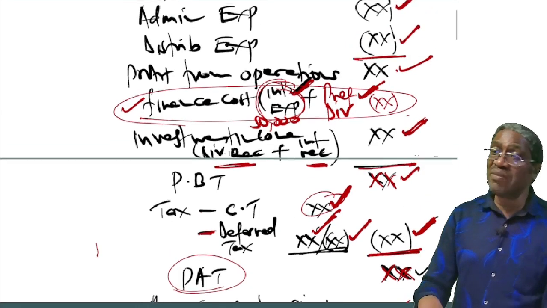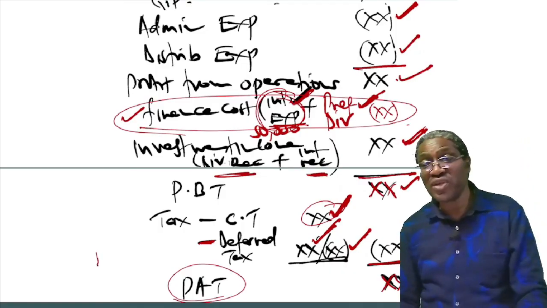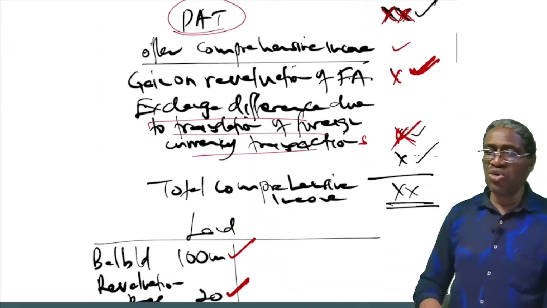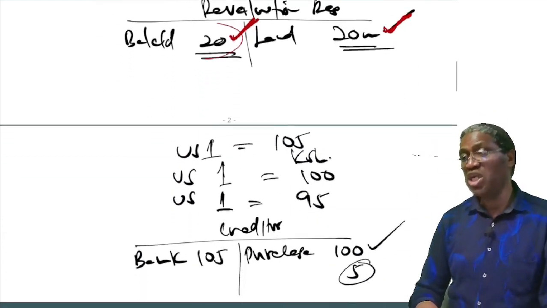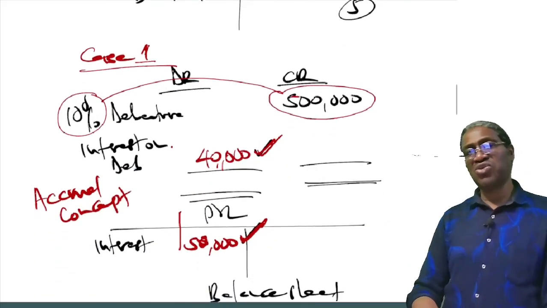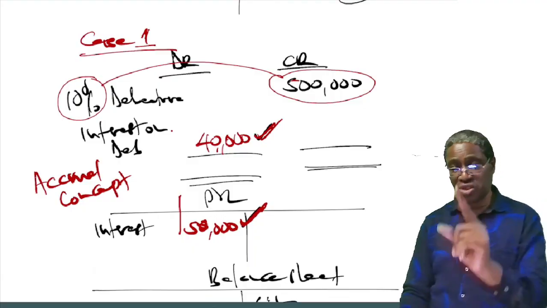How do you determine them? For example, we discussed how to determine the interest charge for the year. And I gave you some illustrations here. How do you determine what goes to the P&L account as the finance cost in form of interest? And I took you through some illustration here.